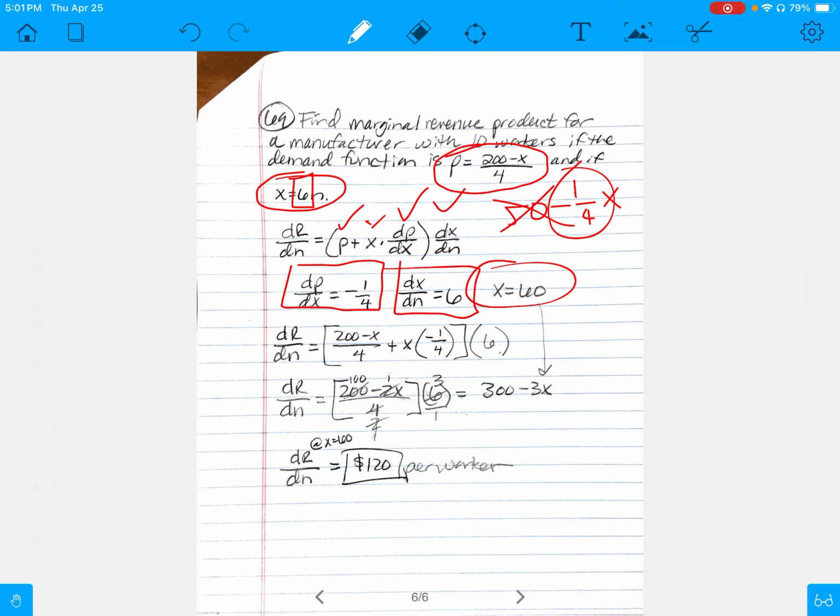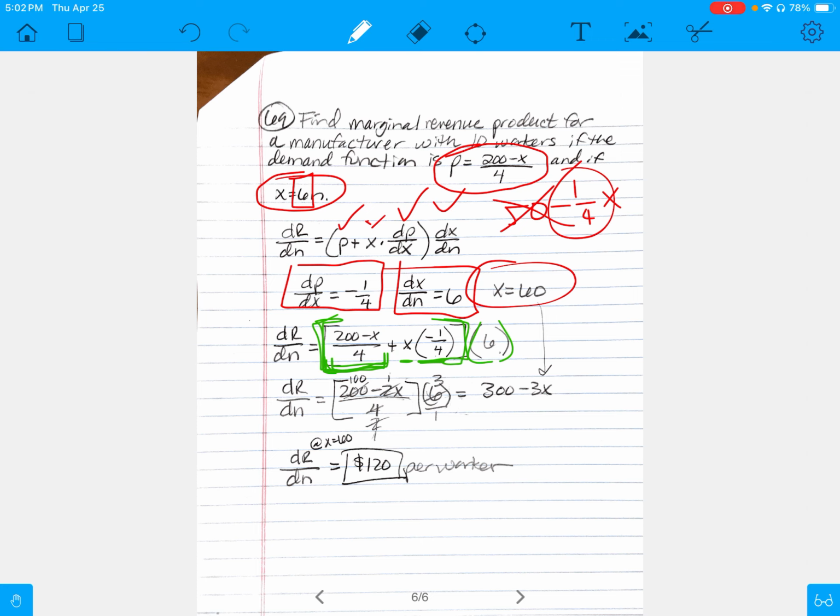And so then we're just plugging all of these things in. I know that's a lot, but if we're looking at what our formula says, we start by plugging in the function p, that's 200 minus x all over 4, plus x times dp dx, which was negative 1/4. That's all inside of its own set of grouping symbols. Outside of all of that, we're multiplying by dx dn, which was 6.